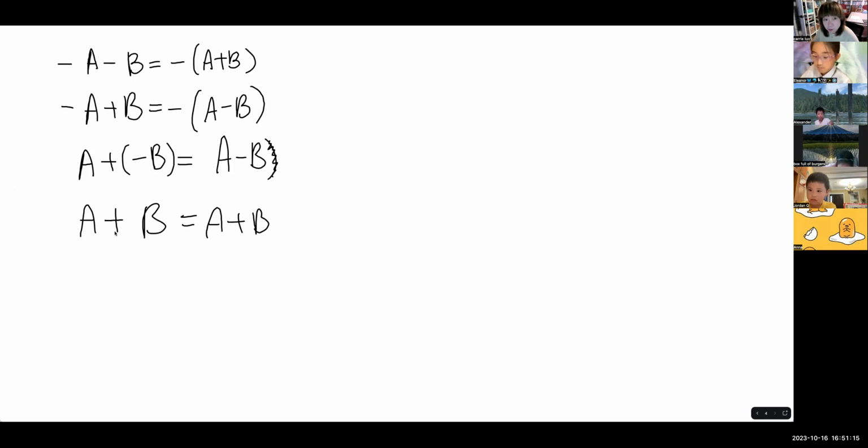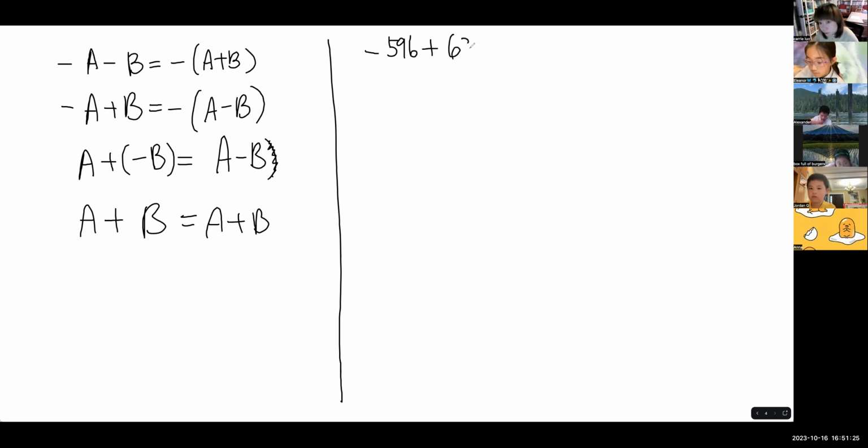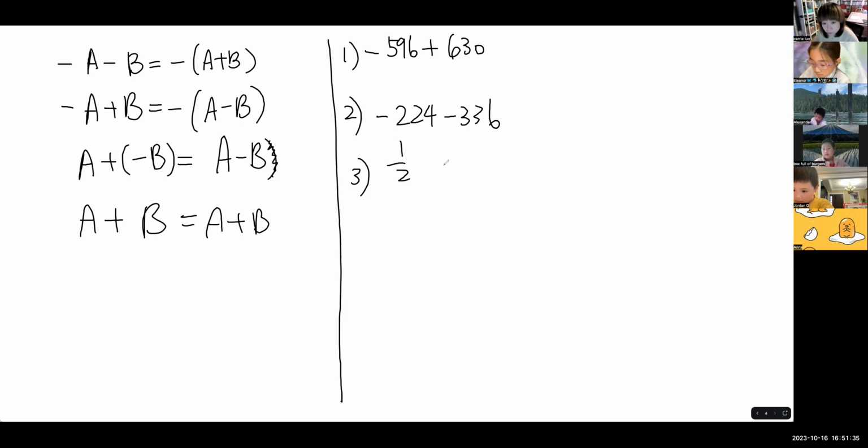Okay, so everybody, I'm going to give you some questions that are complex together. Okay, so for instance, we have -596 plus 630. For instance, we have -224 minus 336. For instance, we have 1/2 plus 1/3. For instance, we have half plus -1/3.